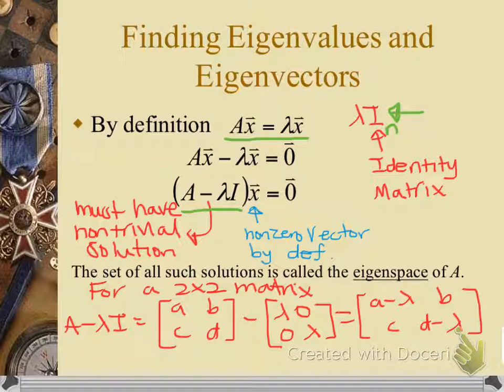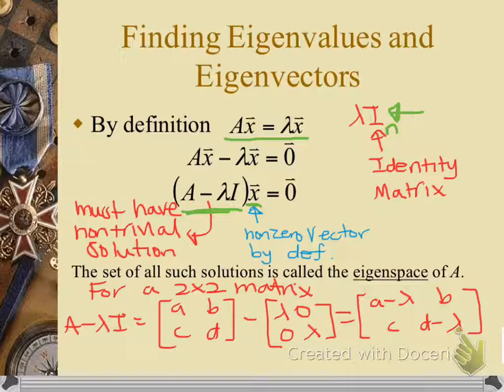A minus lambda I must have a non-trivial solution. Why is that? By definition, x has to be a non-zero vector. So to solve this system, it has to have a non-trivial solution.